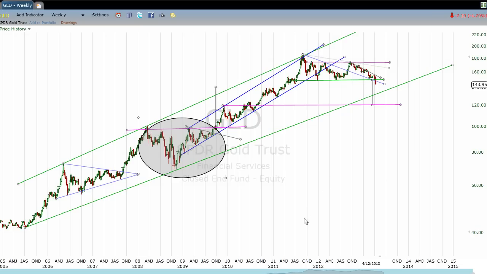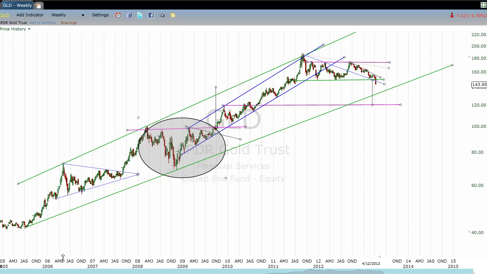But in the case of gold, we've got 1, 2, 3 well-defined solid touches on this top line for about 3 years. Gold was also inside of this very well-behaved and easy to anticipate rising channel between these blue lines.